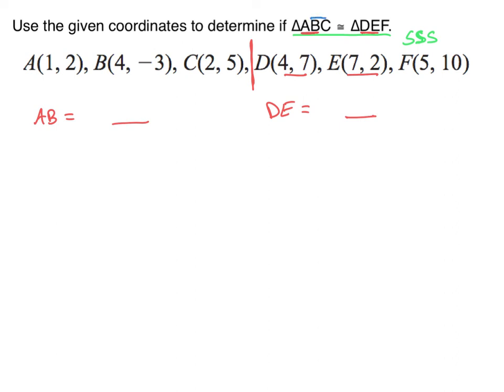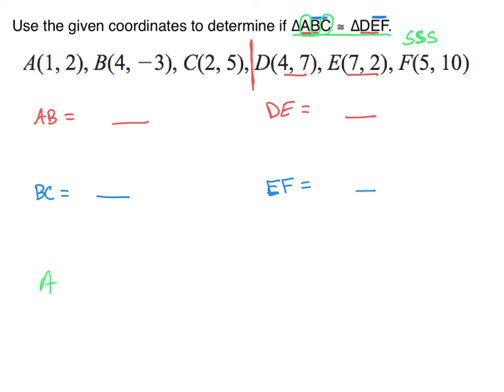Next I would check BC and EF. So do BC equals, find that distance, and then do DEF and find that distance. Again, if they are both equal, then it's worthwhile to go on. And lastly, I would do then is AC.